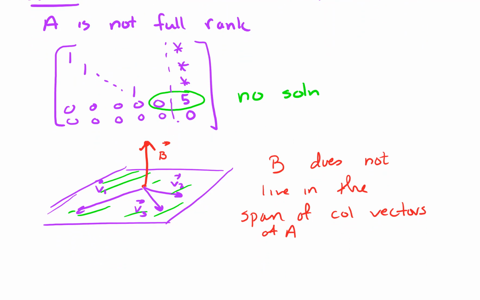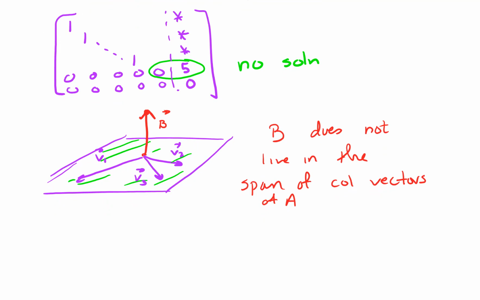We cannot write B as a linear combination of column vectors of A. So you could not find coefficients that would make this work, for example. So that's our no solution case.